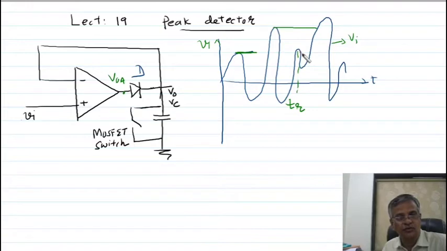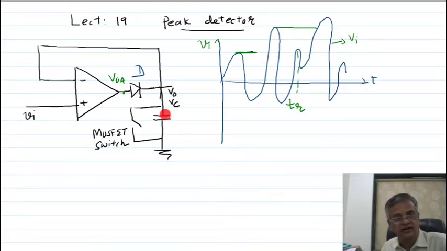Lastly, I am telling you in only a few lines: when the input voltage is more than the VC voltage, then VOA, the anode voltage, is more than the cathode voltage. As a result, this PN junction is in forward bias. So the capacitor will be charged up to the maximum value of the input signal, and this voltage is held by the capacitor until it is discharged.